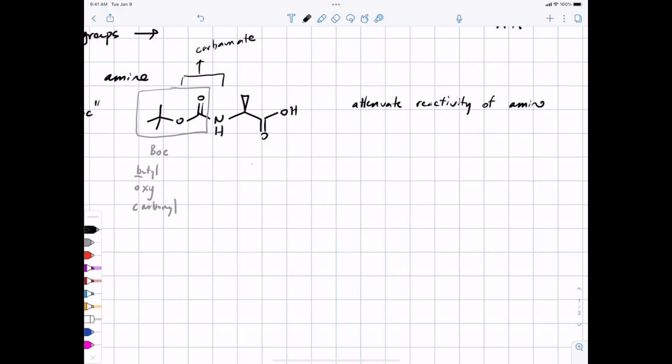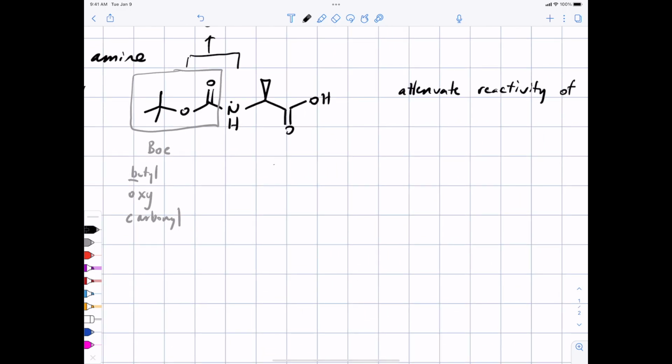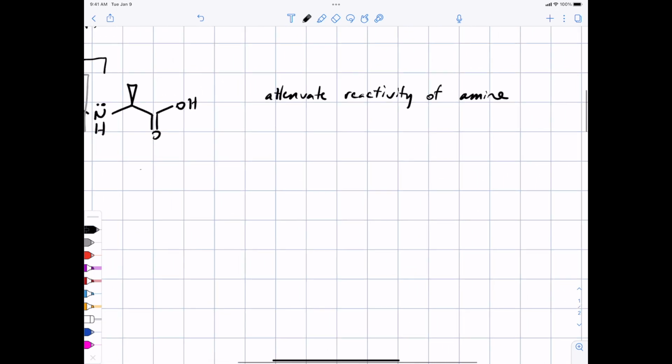So we need to attenuate the reactivity of the amine. How it does that is by tying up the lone pair on the nitrogen in resonance. So it's no longer nucleophilic. Okay? So that's criteria 1. Criteria 2, it has to be easy to put on, and it also has to be easy to remove.